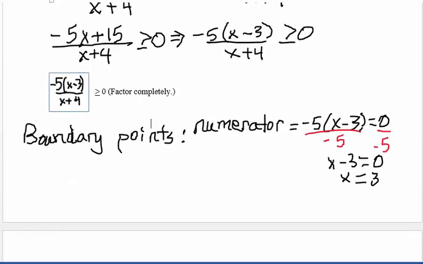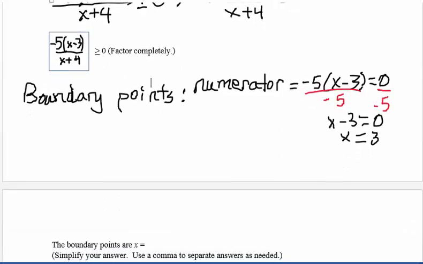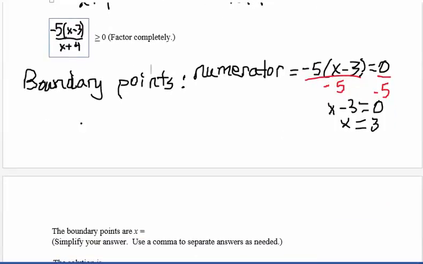All right, now that gives me one boundary point, the boundary point in the numerator. If the numerator is 0 and the denominator isn't, the expression is equal to 0. So x equals 3 is actually part of the solution. Now I'm going to set x plus 4, the denominator, equal to 0.